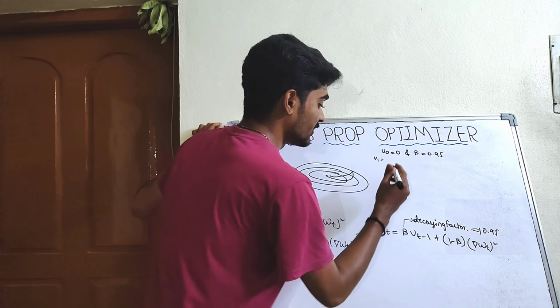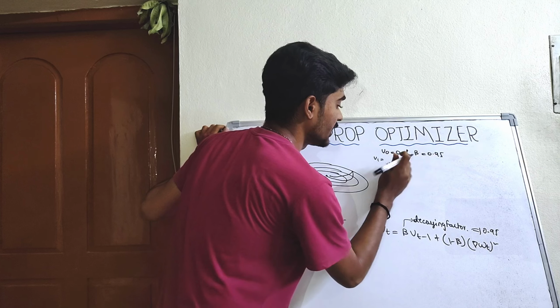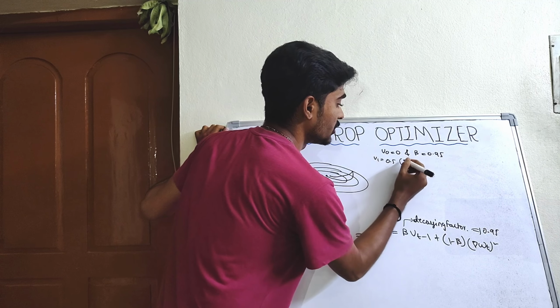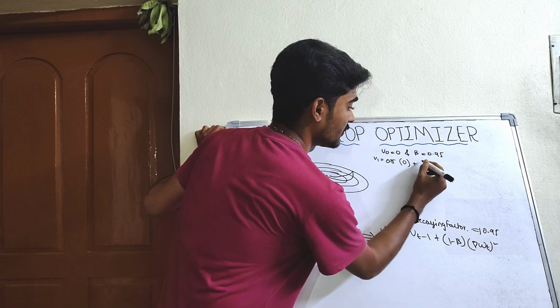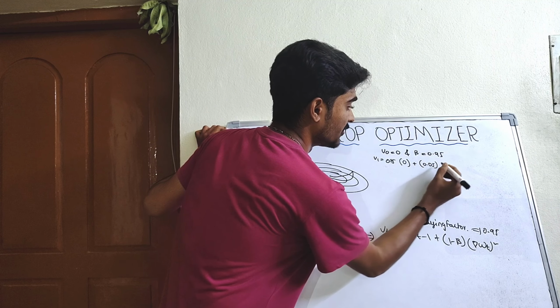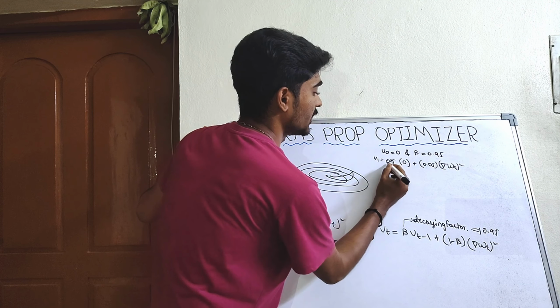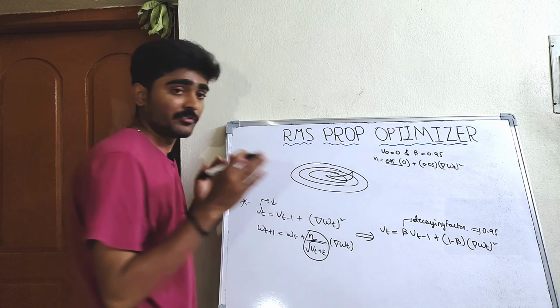V1 is 0.95 times V0, plus 0.05 times delta Wt squared. V0 is 0, so this entire term becomes 0, and I'll be left with this term. This is the value of V1.